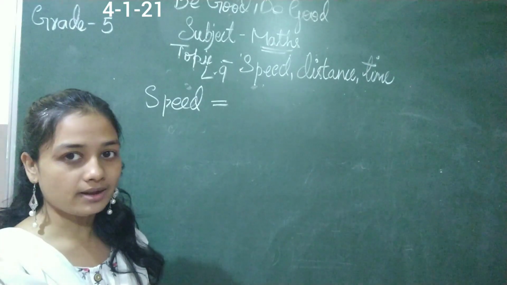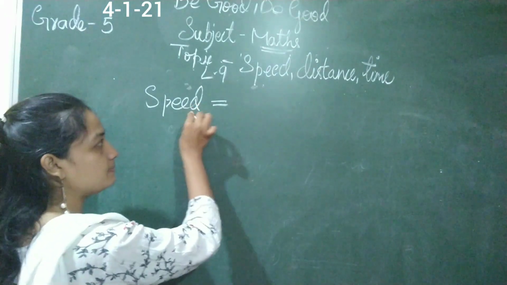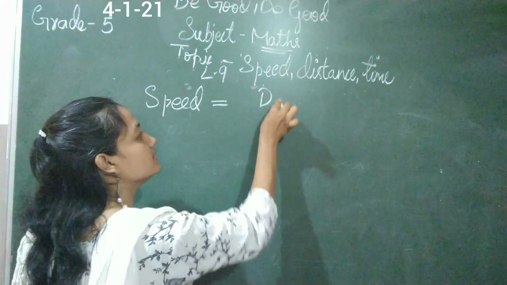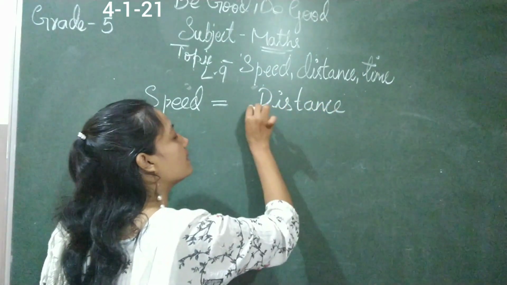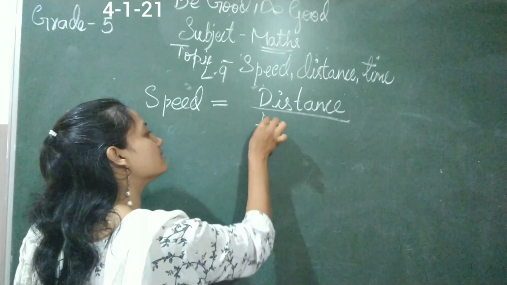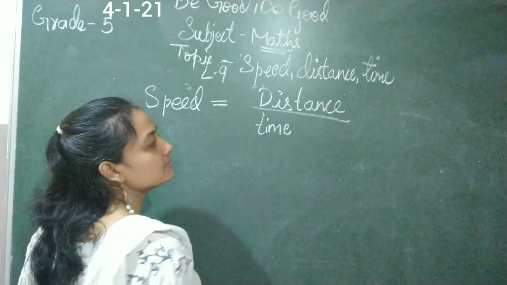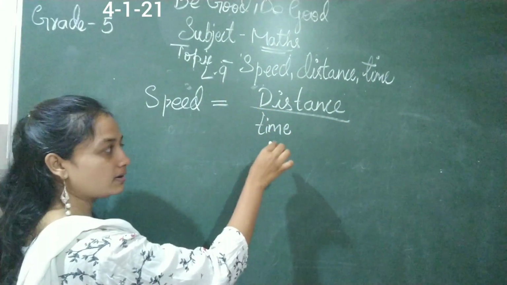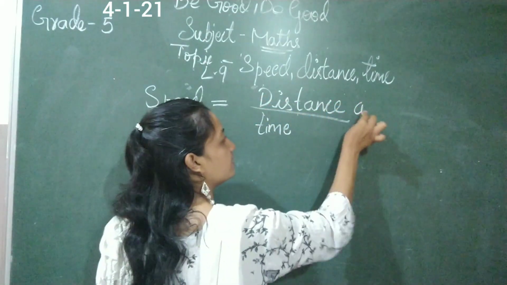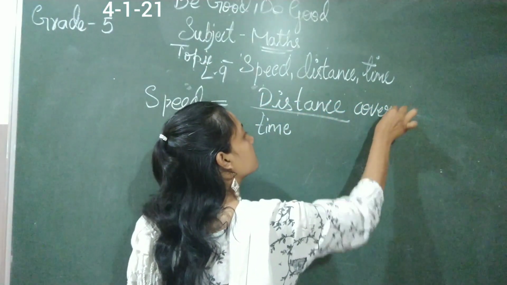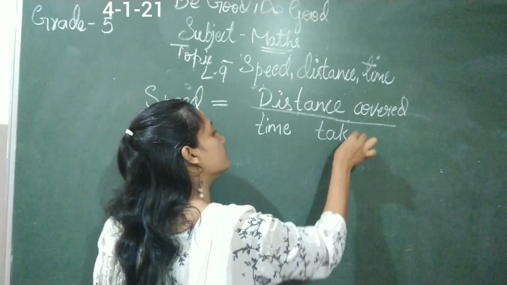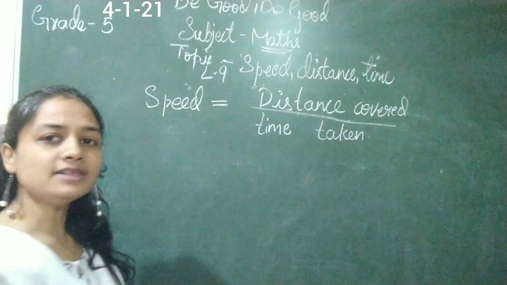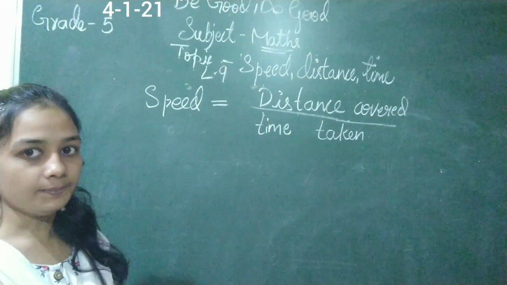That is speed. So we write it like speed is equal to distance by time, or you can also write distance covered by time taken. So this is how we calculate speed.